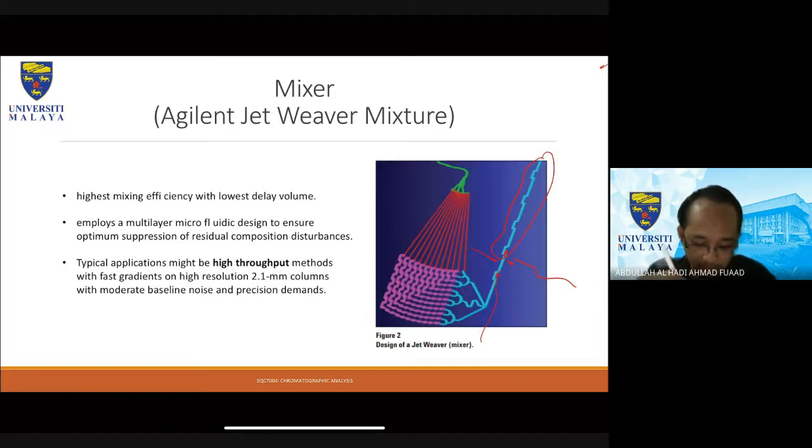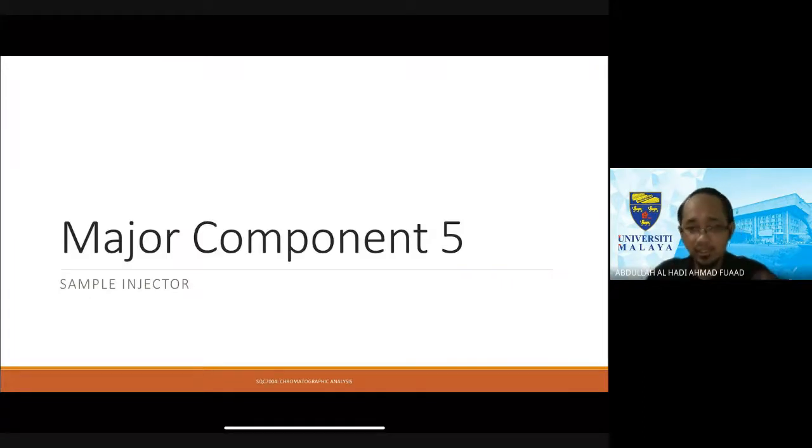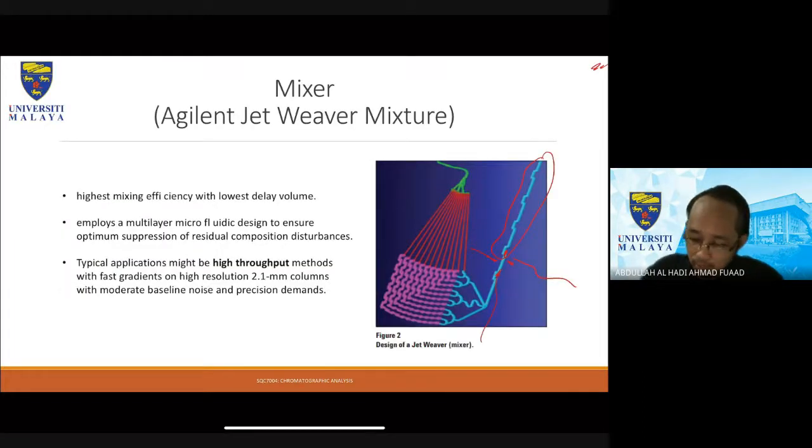Typical applications might be high throughput methods with fast gradient and high resolution on a 2.1 millimeter column with moderate baseline. So I have a picture of the system here. What you might have is 2 inlets or 3 inlets or maybe 4 inlets at this particular point.